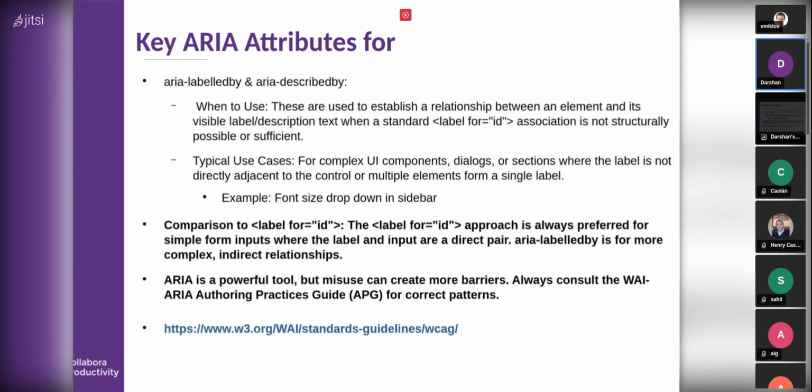And then there are aria-labelledby and aria-describedby. These two are more for complex labeling scenarios. For example, on the sidebar we have this font drop down button. There is no label associated with that font drop down button, so it doesn't say anything like this is the font changing selection button. There is no label and input element association between those elements.